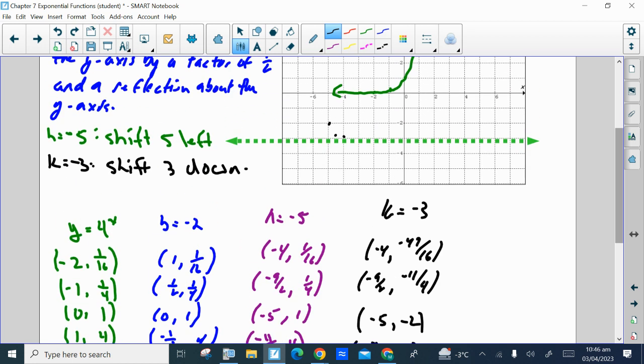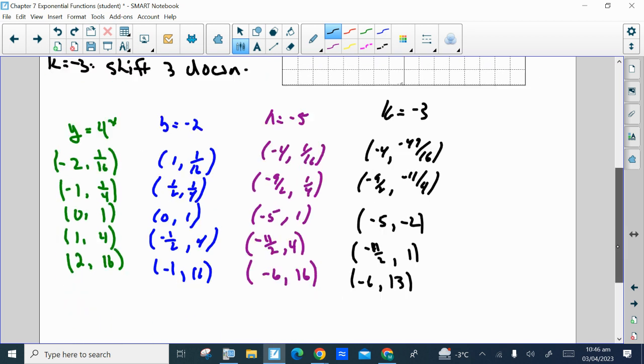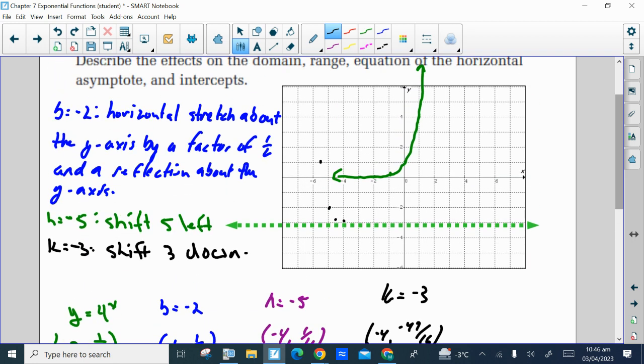Yep. Negative 5.5, comma, positive 1. So this graph has an x-intercept. And negative 6 comma 13, which is way up here. Okay, the graph would look something like that.